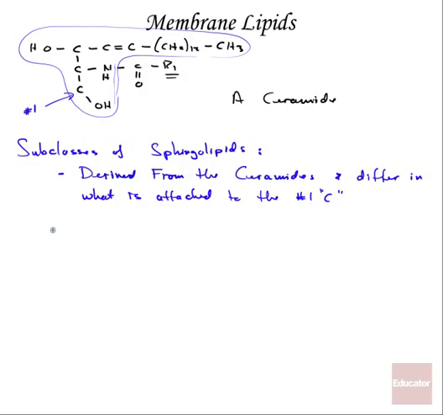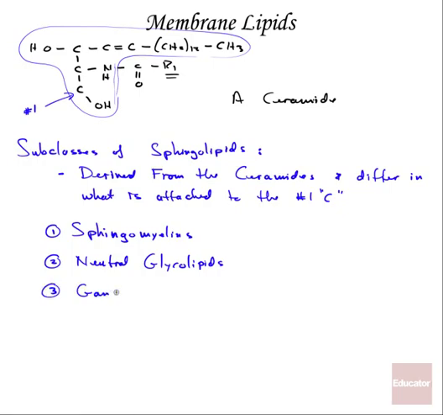So let's go ahead and call this our number 1 carbon. Okay, so the first is something called the sphingomyelins. The second is something called the neutral glycolipids. And then, of course, number 3, we have something called the gangliosides. Okay, so the first one we're going to be talking about is the sphingomyelins.